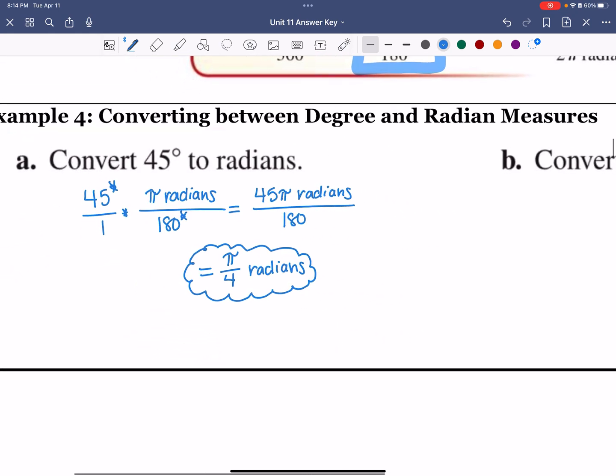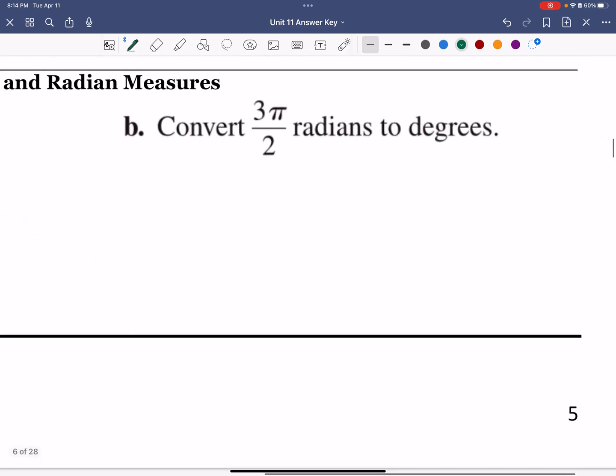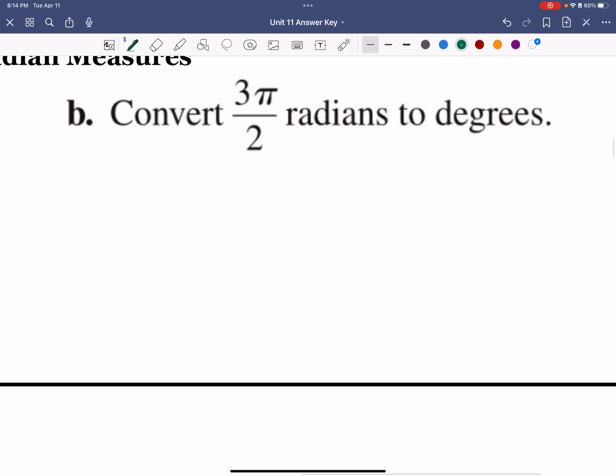Okay, so that's my first conversion. For my second one, I'm turning radians into degrees. I'm going to write this first as 3 pi radians over 2, so I have the label on the top.